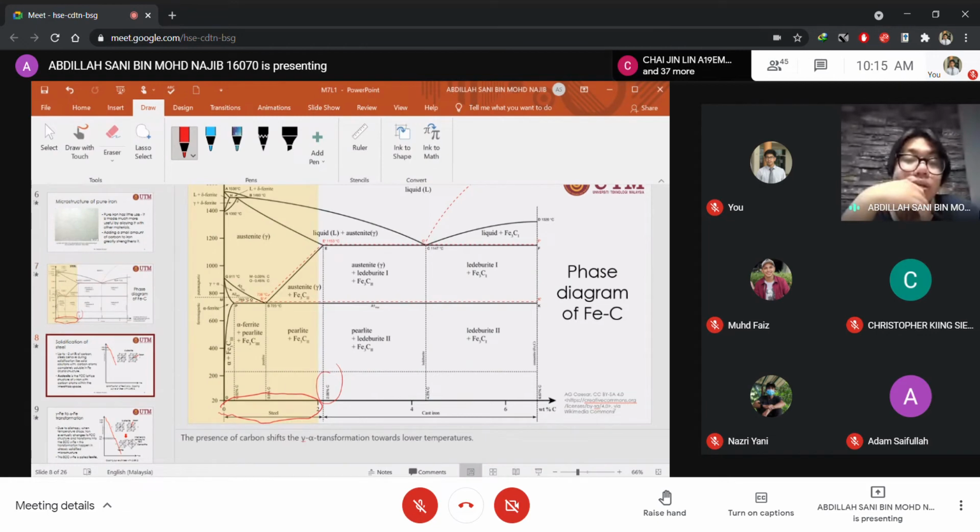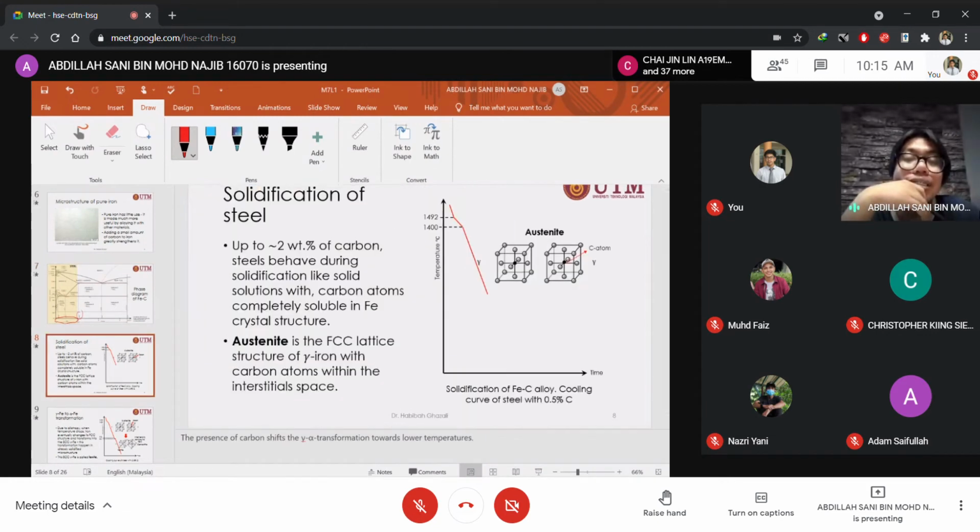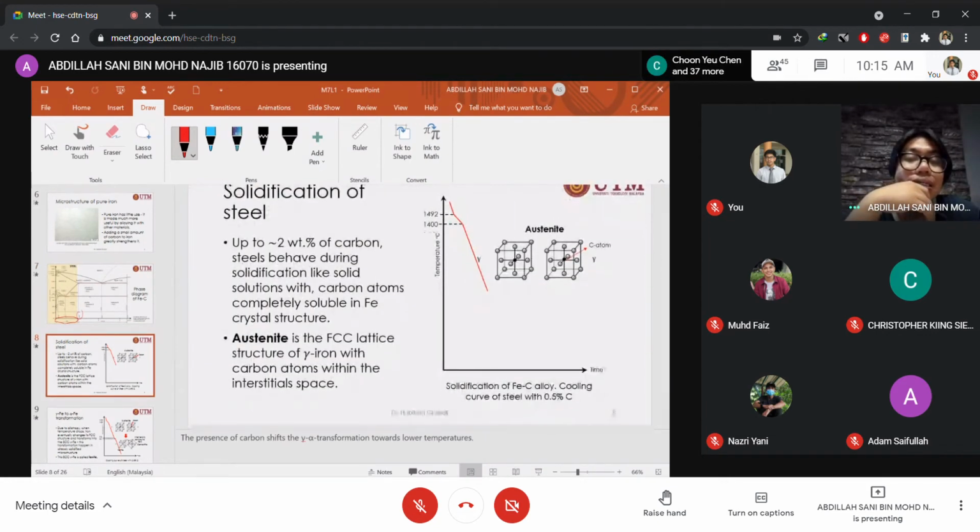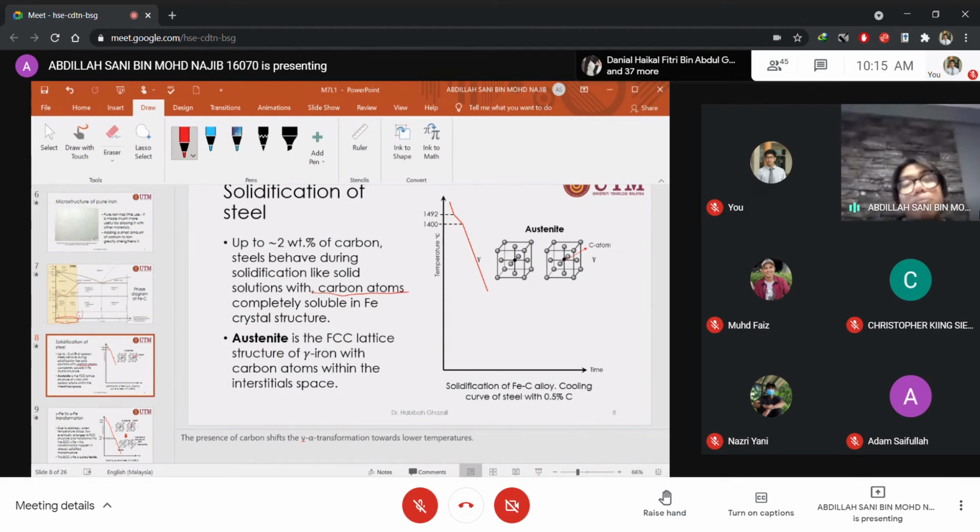This is the solidification of steel. You have the carbon atoms, which dissolve in the iron crystal structure.